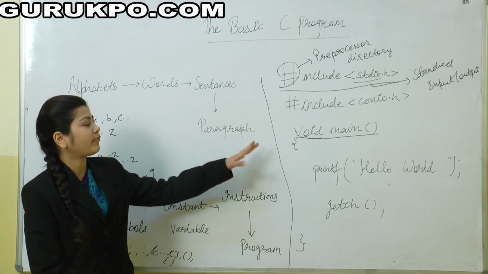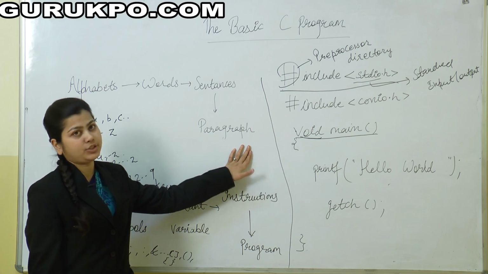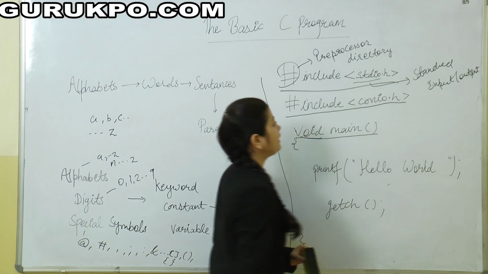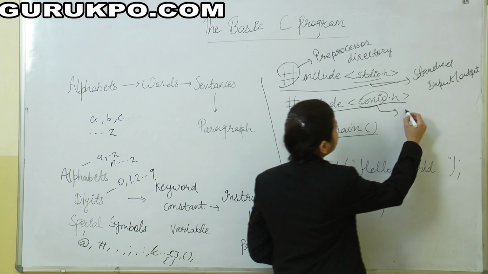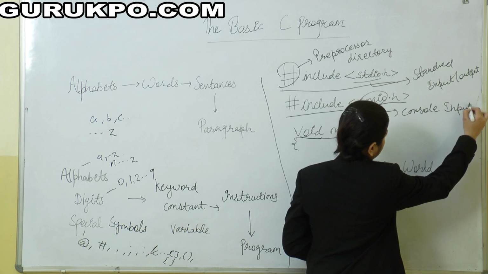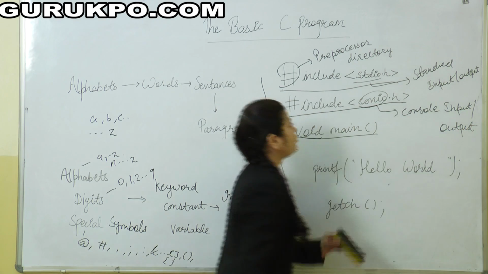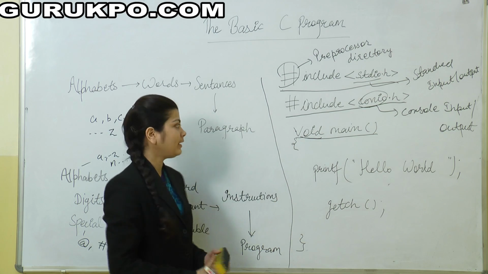Similarly, in the C language, the header file stdio.h has the extension .h. Another header file is conio.h. The full form of conio.h is console input output. Various other functions are also defined in this header file.